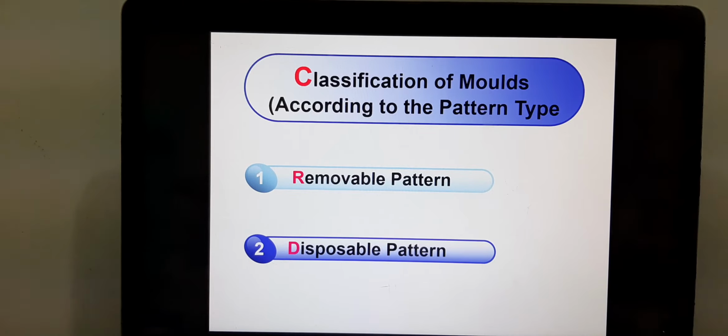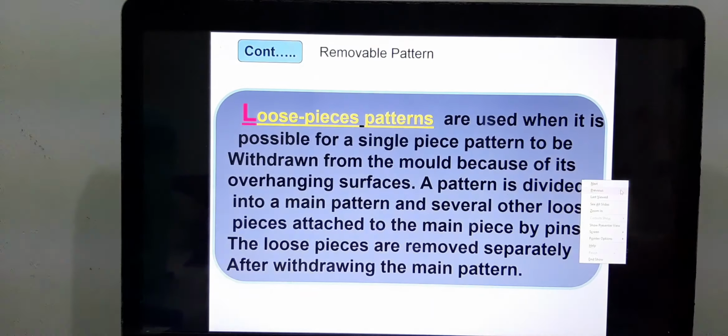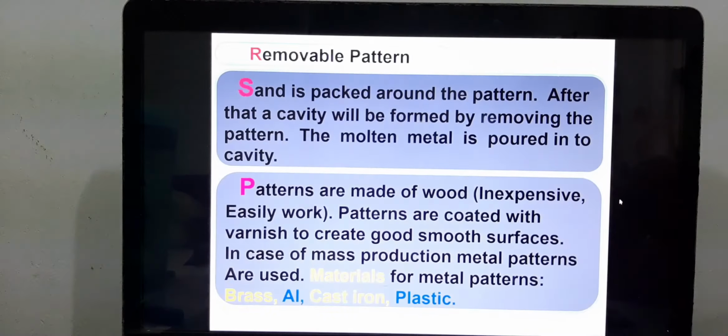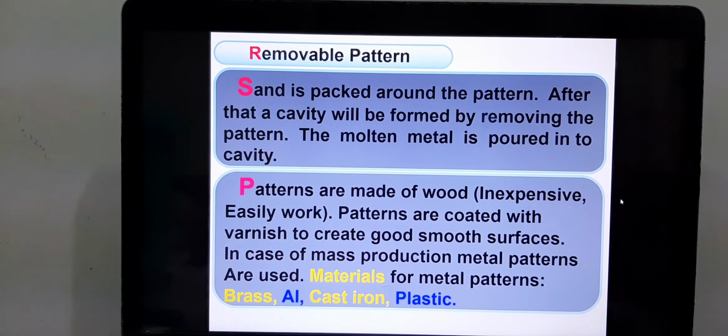When do you use a removable pattern and when do you use a disposable pattern, first of all? A removable pattern is when sand is packed around the pattern, like I just showed you. After that a cavity will be formed by removing the pattern. The molten metal is poured into the cavity.